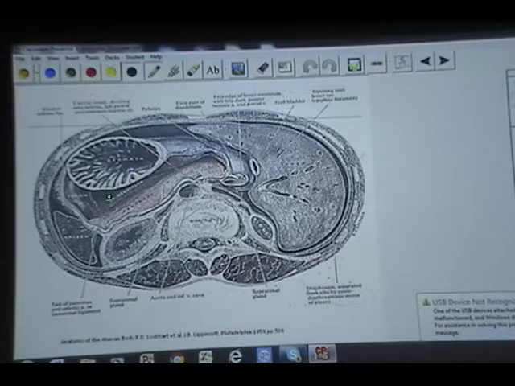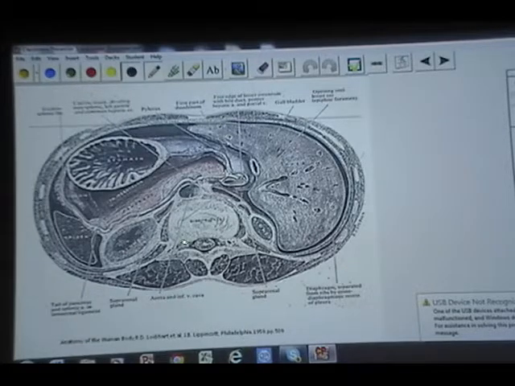Over here on the left, as we're looking down on this, here's the stomach. Here is the spleen over here. There is a peritoneal ligament between the spleen and the stomach called the gastrosplenic or gastrolienic. Lienic is a term that's also used to describe the spleen.